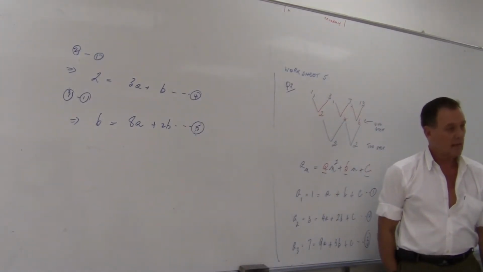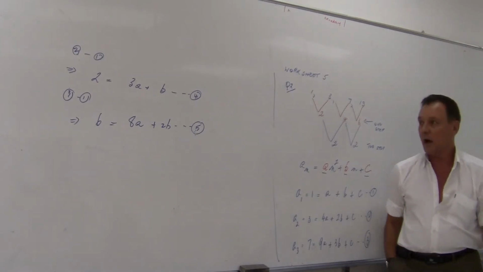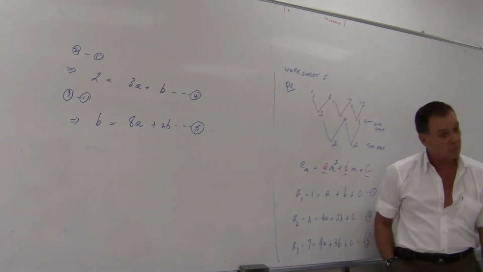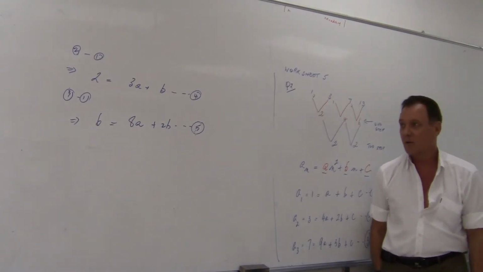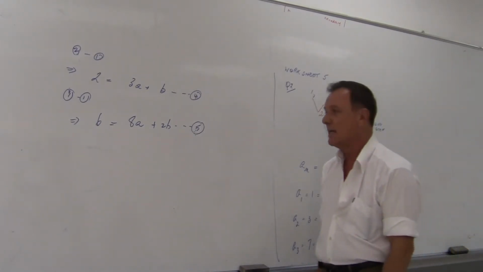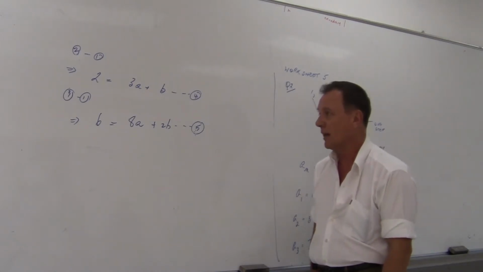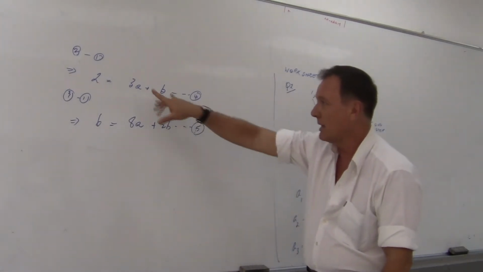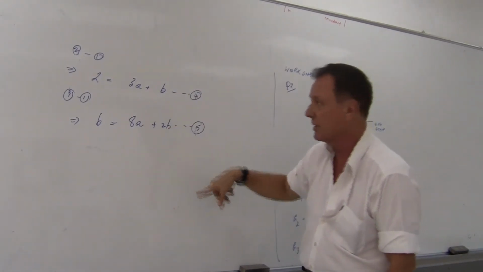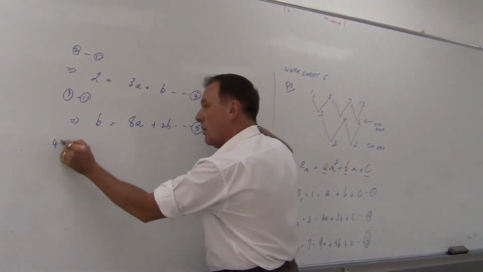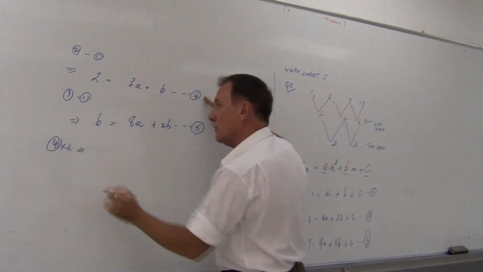Now, we've got choices. I have to solve that pair of equations, but there's only 2 unknowns, yes? Just the A and the B. So we've got 2 equals 3A plus B, and 6 equals 8A plus 2B. I'm going to take this one and double it and then get rid of the B by subtraction. So number 4 times 2. Let's see what we get.